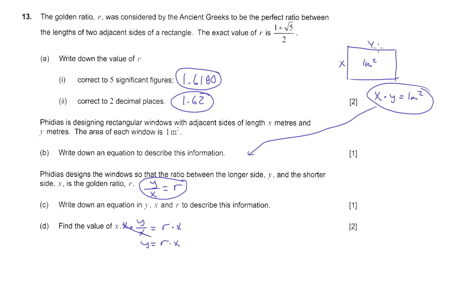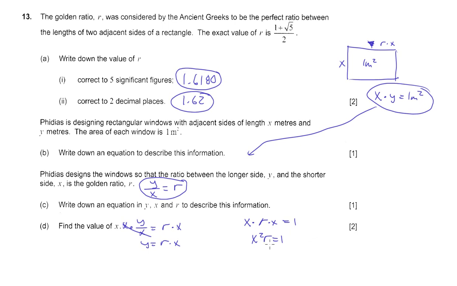So up here on this y, we can get rid of the y, and now we will call it r times x, right? So that means we know that to find the area, we do multiply length times width, right? So we know now that we can do x times r times x, and that should equal 1, right? So that's really x squared r equals 1.